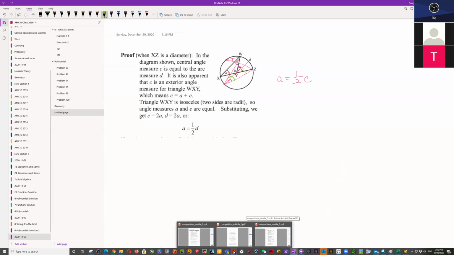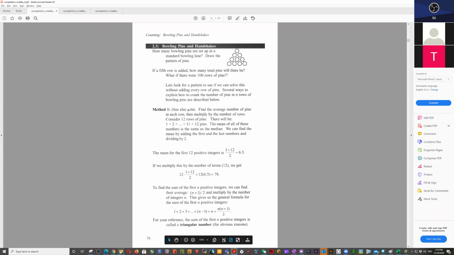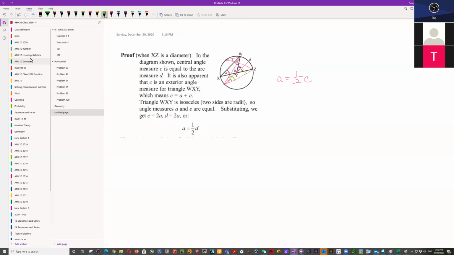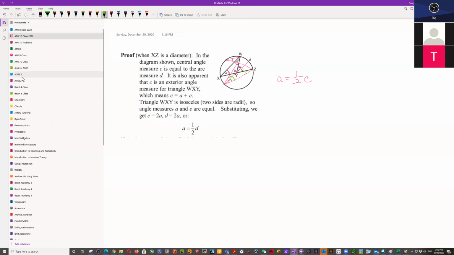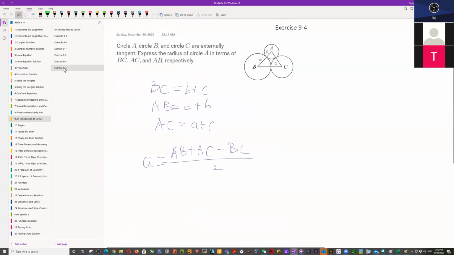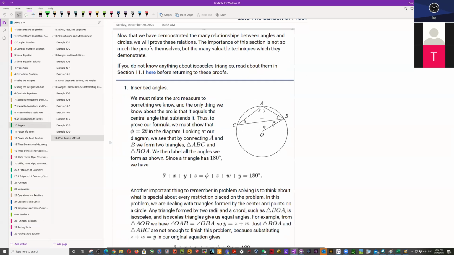These are very important facts. Yeah, here it actually has the inscribed angle is half of it.